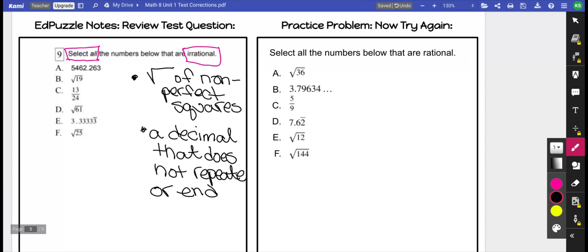And pi. Remember, pi is not a rational number.